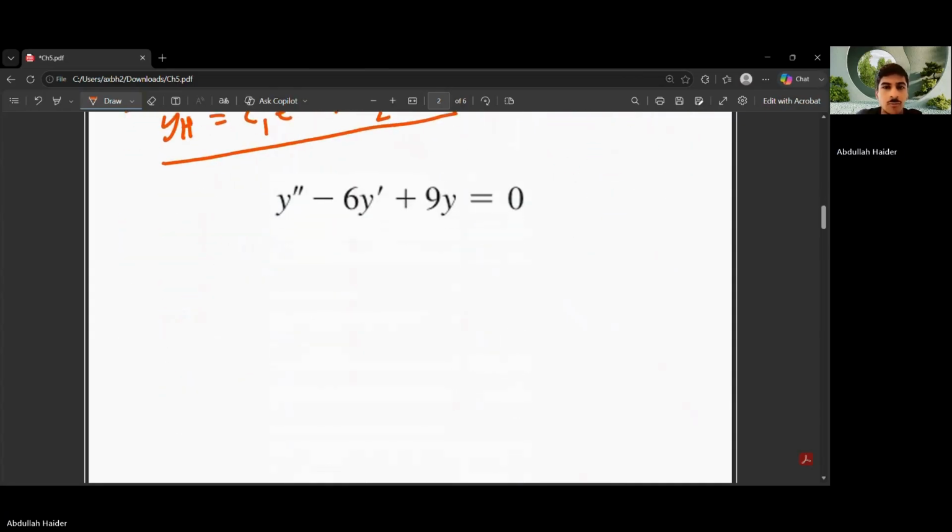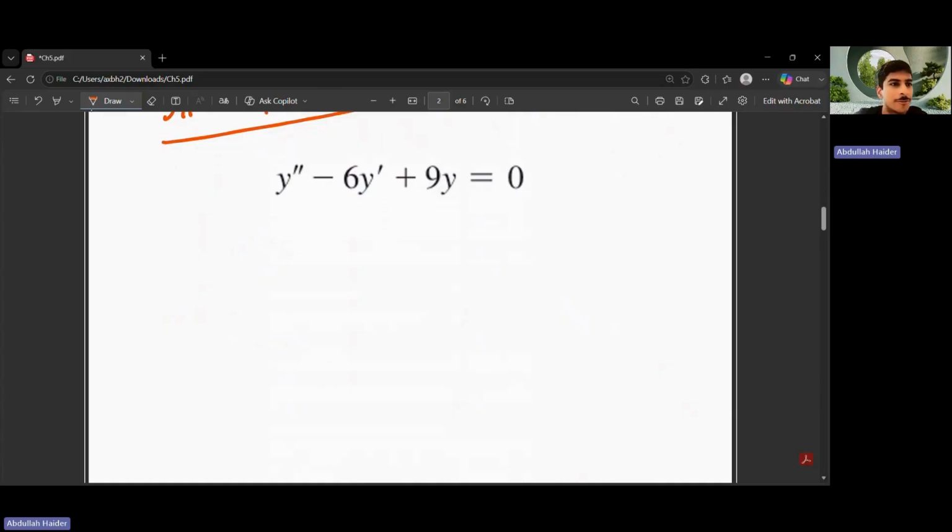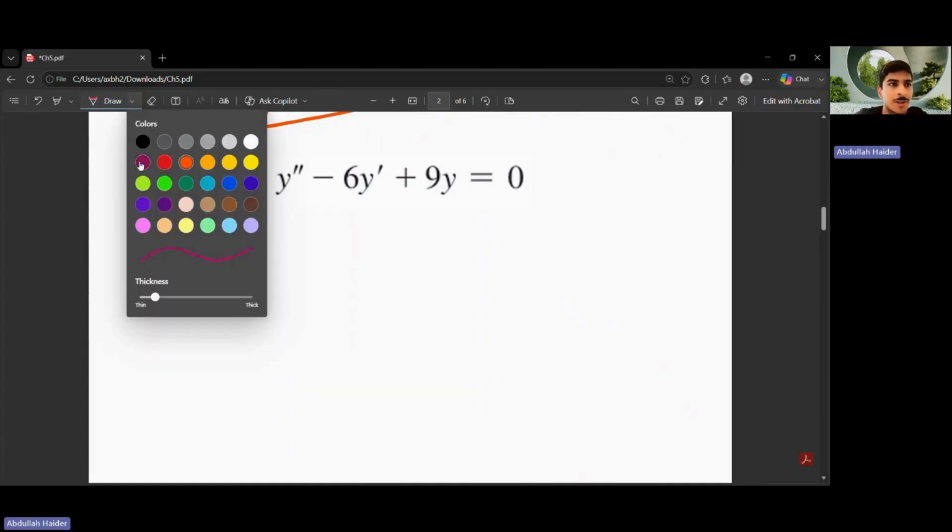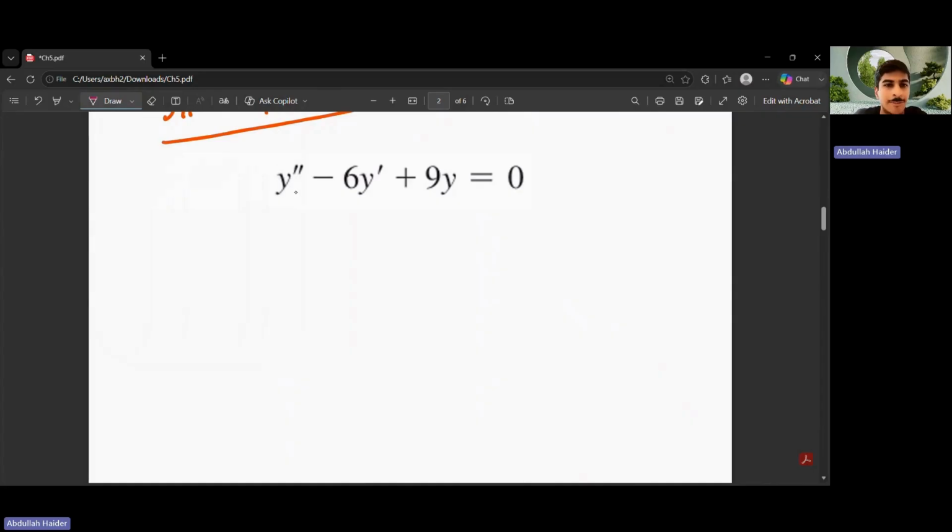Now, same thing for this question, but we have a different case here. We convert this into an auxiliary equation, which is r squared minus 6r plus 9.